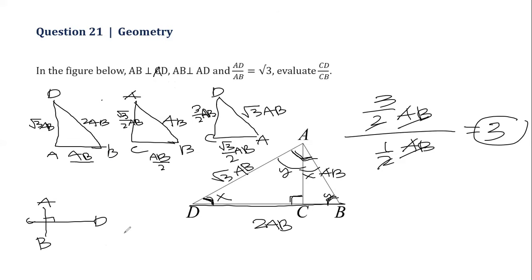So in this case, for AB and AD, it means that AB and AD are perpendicular. Does that answer your question?